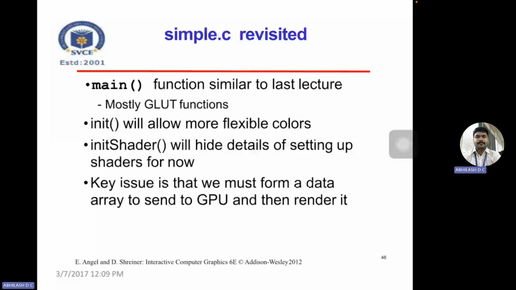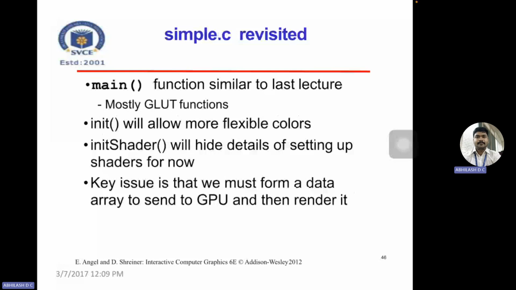The main function, as I told you, is used for glut functions. I have init for the colors. Initially, what happens is I have a buffer, right? And in that buffer, previously somebody would have drawn something. So the buffer is not empty.